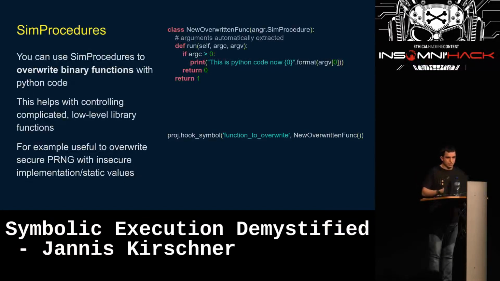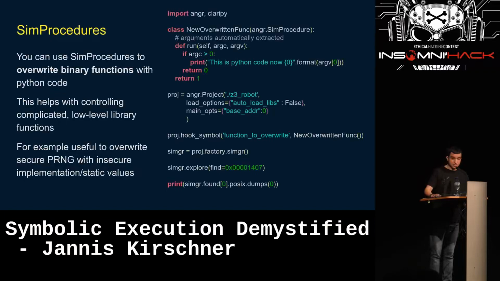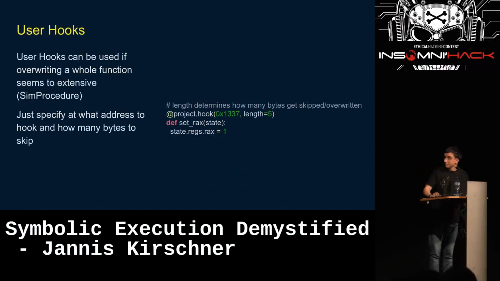So you can basically write the emulation yourself, or if you have some complicated crypto stuff, you can make it always return the same values and see how they interact. There's lots of approaches you can take with simulated procedures. So you just define a new function, you hook the symbol, and that's about it.